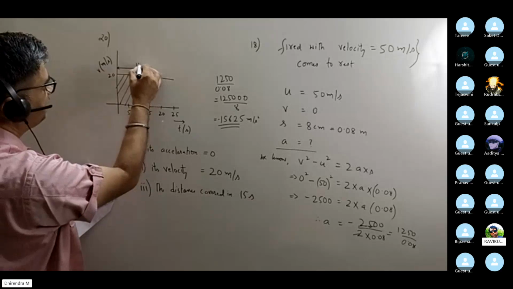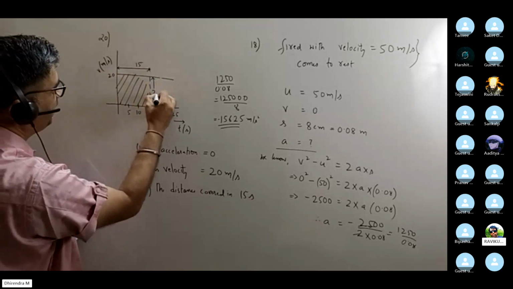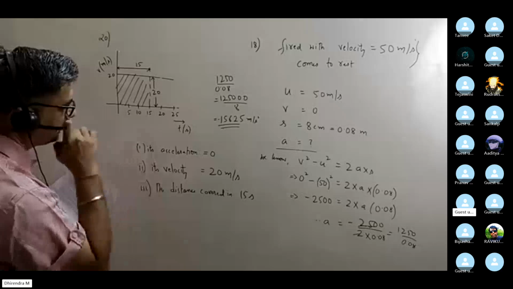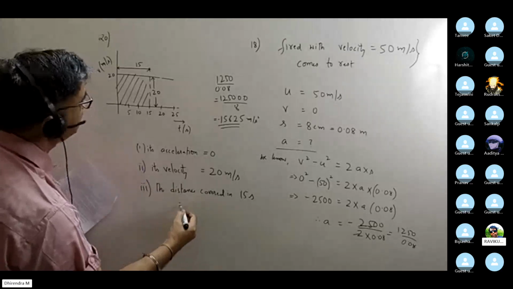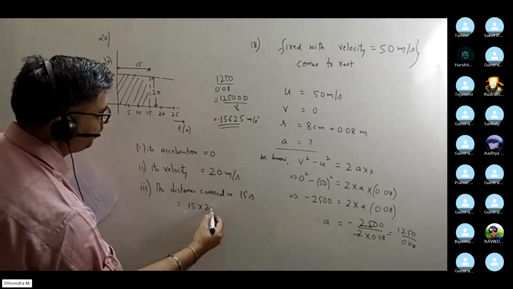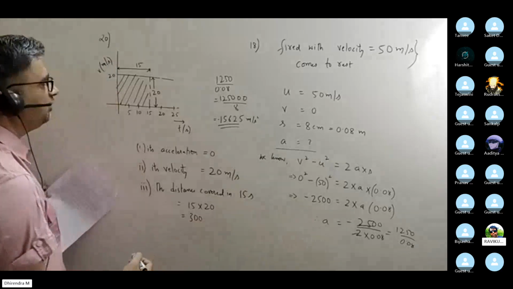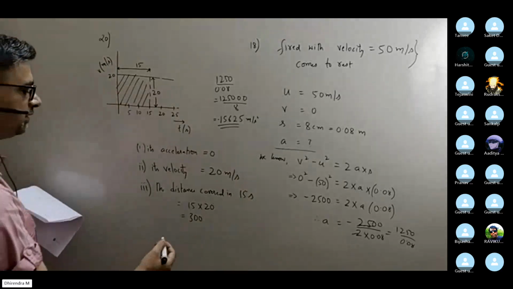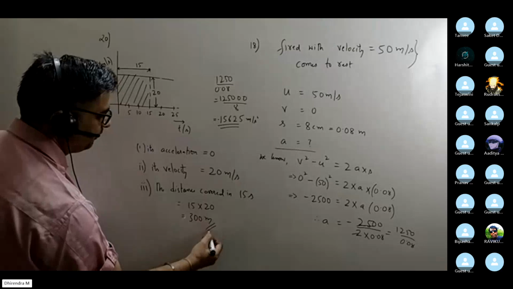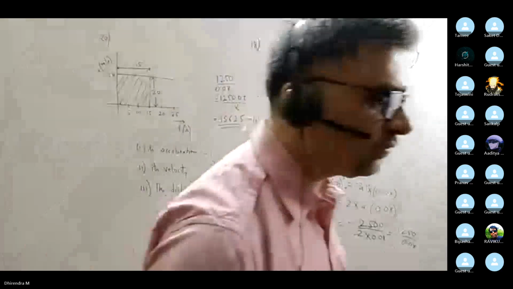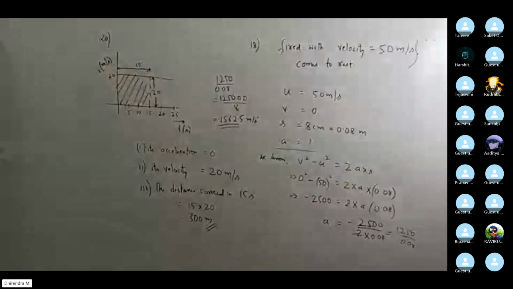So this much is how much, folks? This is 15 and this is 20, right? So the distance covered is equal to 15 into 20, and that comes to 300 what? Meter, kilometer, light year, what? Meters. Brilliant. That's how we solve this question.